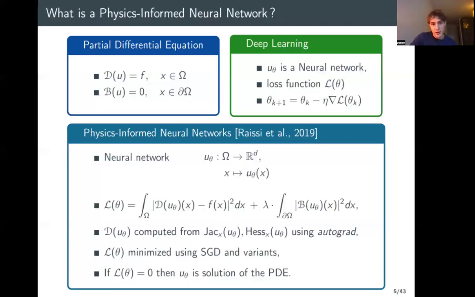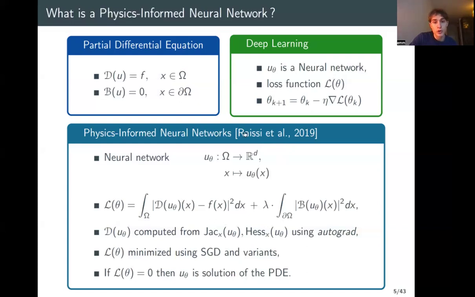So here, quickly, the setting is that we have access to this PDE, where D is our differential operator, and u is our state, which is a function. We have some given boundary conditions. On the other hand, we consider a neural network, u theta, parameterized by theta. We have a loss function, which we're going to minimize with gradient descent.